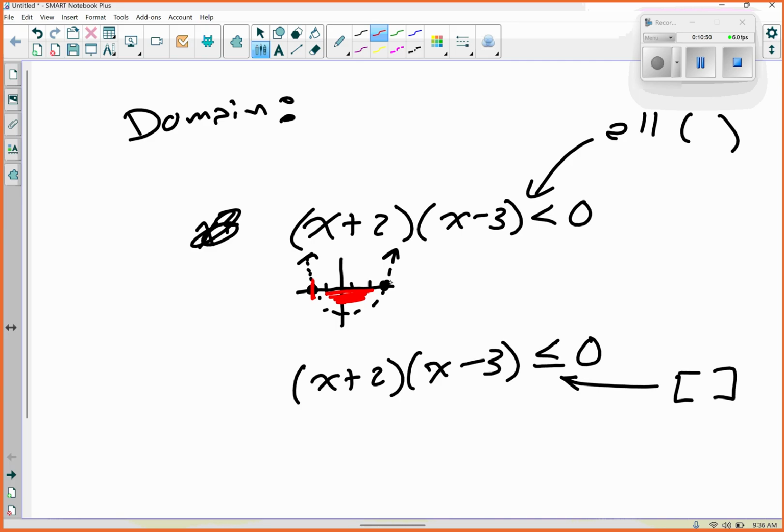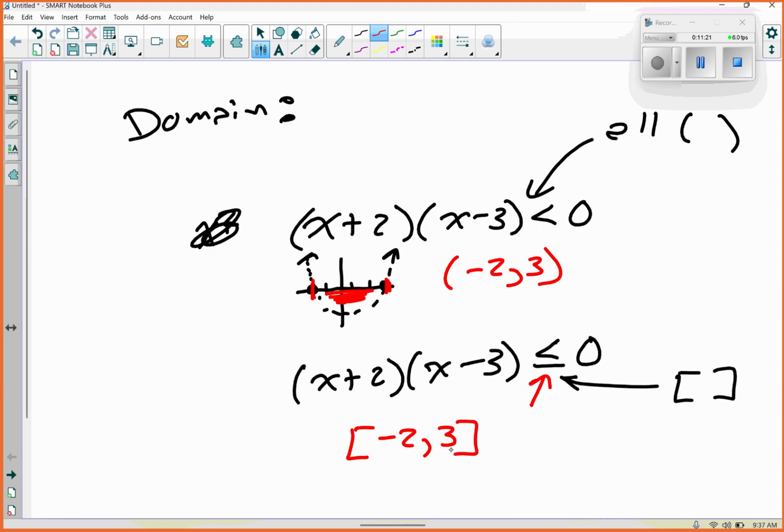I'm going to go from -2 to +3, and it's going to be parentheses. It's the same graph, but the domain on this one would be square brackets because I have the equal sign. That's basically where you're going to come across that.